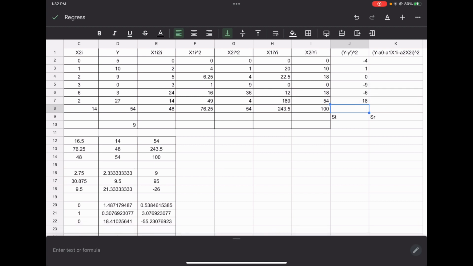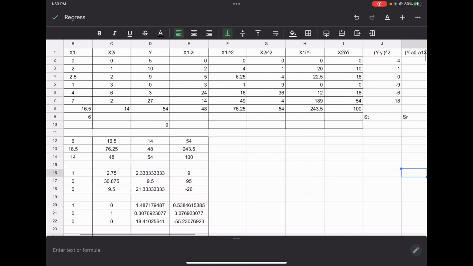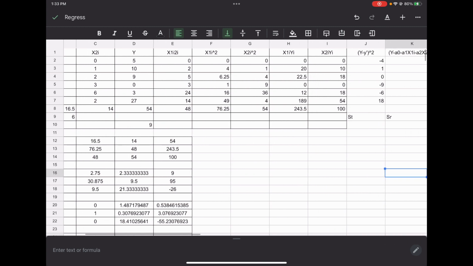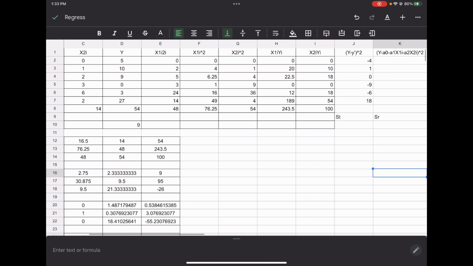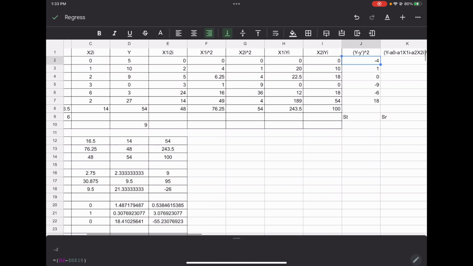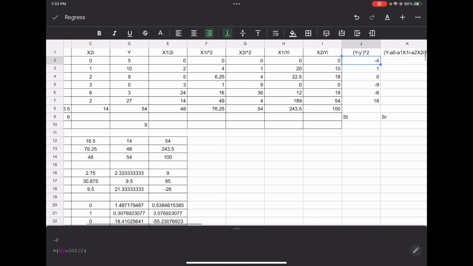Okay, so we have the 6 data points, 2, 4, 6. I think there's something wrong. Okay, so it should be raised to 2.